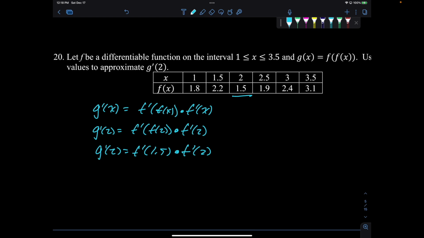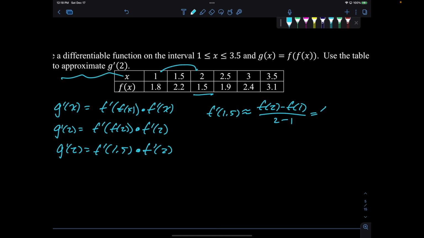All right, now we're trying to approximate this thing. So we got to approximate f prime of 1.5 and f prime of 2. So for 1.5, I'm going to go to the left and the right and say f prime of 1.5 is approximately f of 2 minus f of 1 over 2 minus 1, which will be 1.5 minus 1.8 over 1, so negative 0.3.